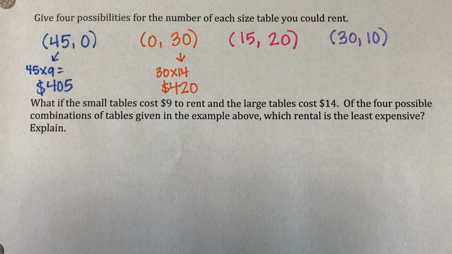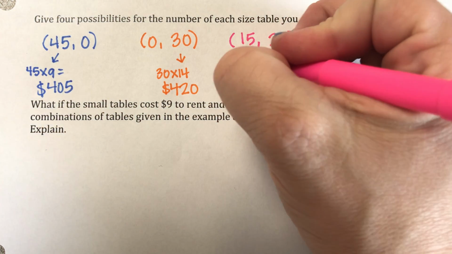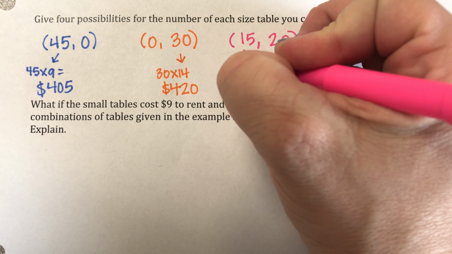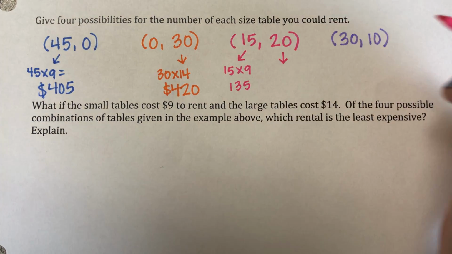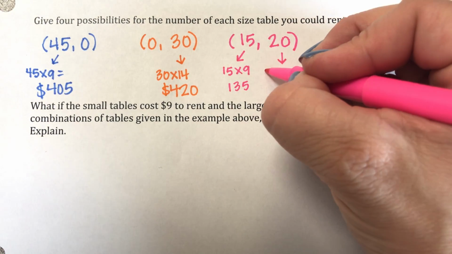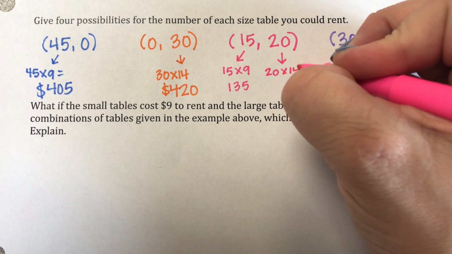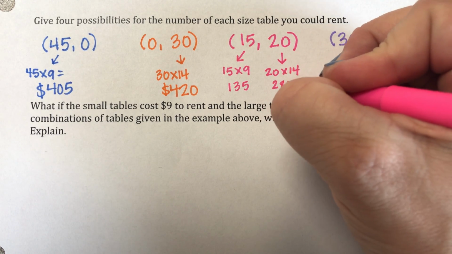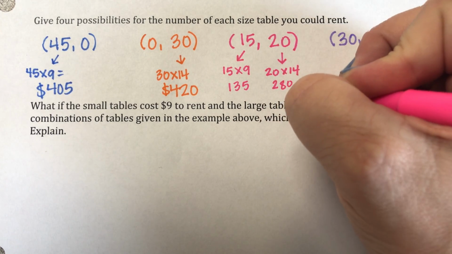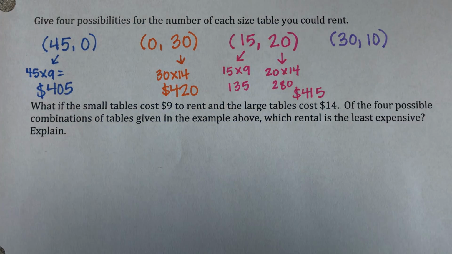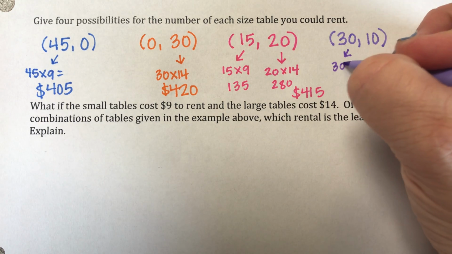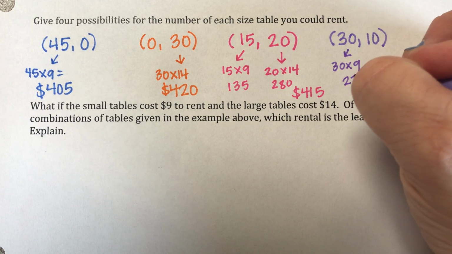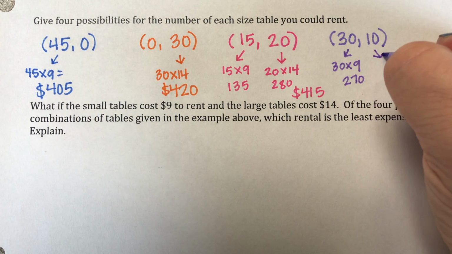Well, what if I did 15 small? So that's 15 times 9, which is 135. And then 20 large, and that's 20 times 14, which is 280. So that's 415 for that option. And then this last one, 30 times 9 is 270.